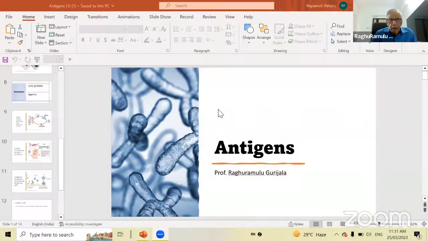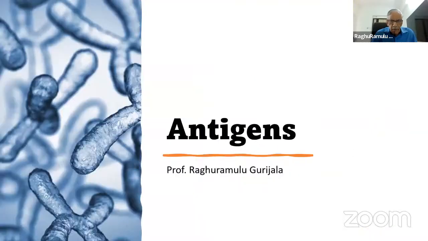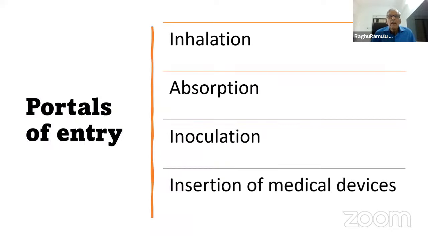The methods of infection are important whenever you are thinking about an antigen. We usually get infections by way of the inhalation pathway, by the inoculatory pathway, that is, by injections and needles, and by absorption also.